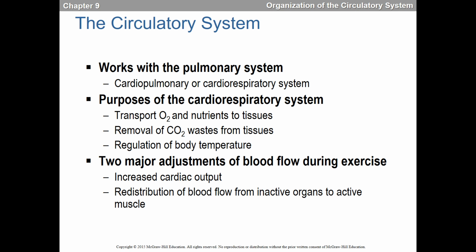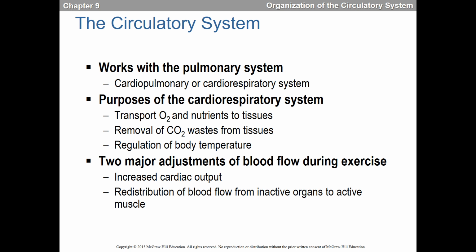And overall, our next point on this slide, there's two major adjustments of blood flow during exercise. The first one being increased cardiac output, meaning more blood is getting pumped out of the heart per minute. That's all that means. And lastly, there's a redistribution of blood flow. So we will funnel blood or direct it towards tissues or organs that are being very active compared to tissue or organs that are not being very active during exercise.